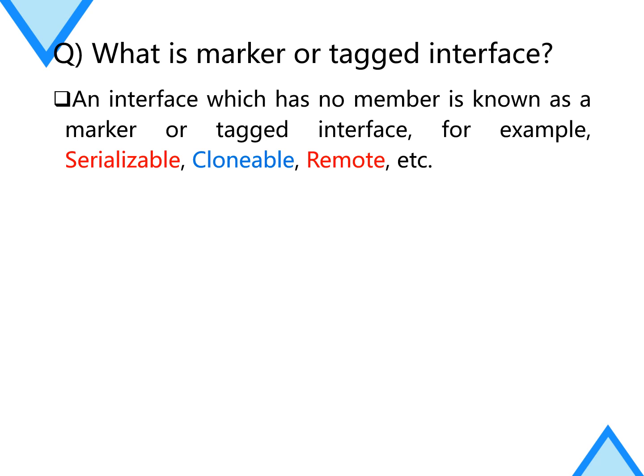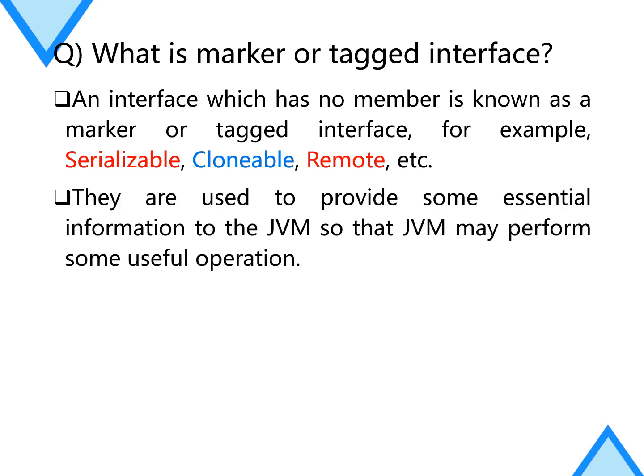They just pass some information to the Java virtual machine. Marker or tag interfaces are used to provide some essential information to the Java virtual machine so that it may perform some useful operations, like when we use Serializable, Cloneable or Remote.